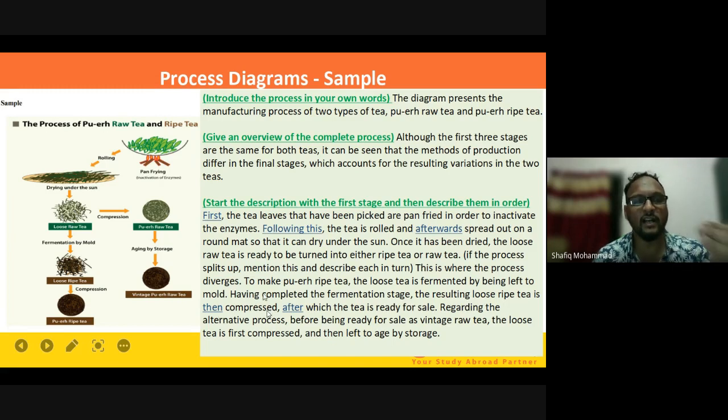So again it is going under some compression. Okay, compressed, after which the tea is ready for sale. So here the tea is ready for sale.